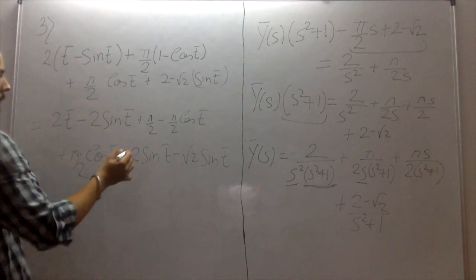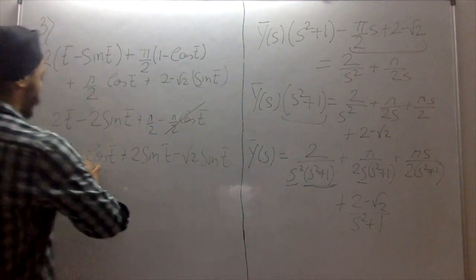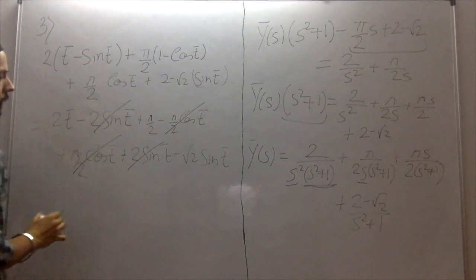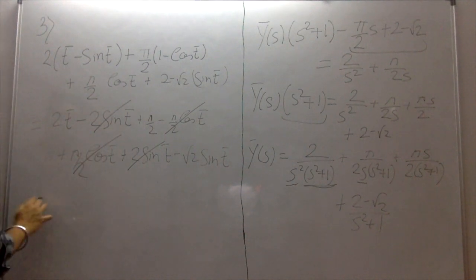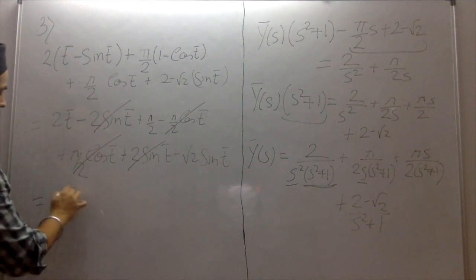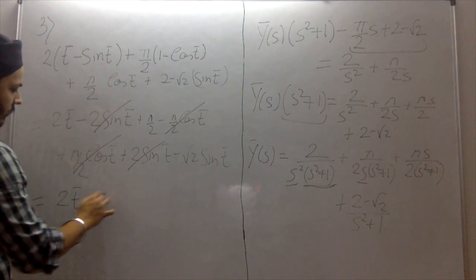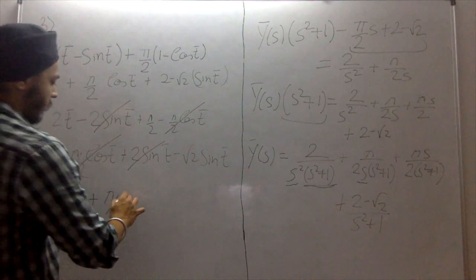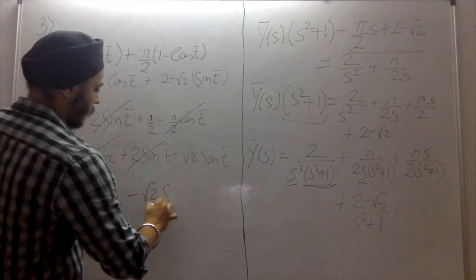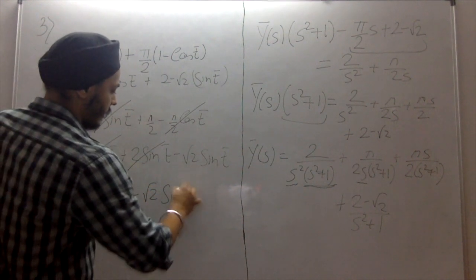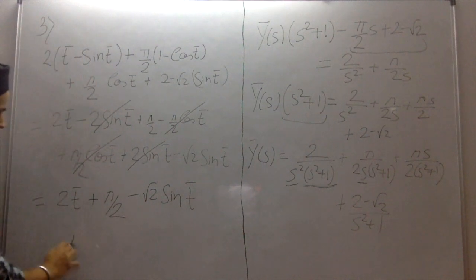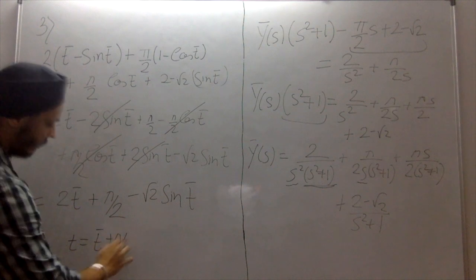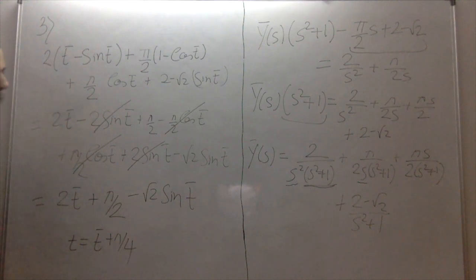So this pi by 2 cos t bar will get cancelled, this 2 sin t bar will get cancelled, so what we will be left with here is 2t bar plus pi by 2 minus root 2 sin t bar, and we know that t equals t bar plus pi by 4.